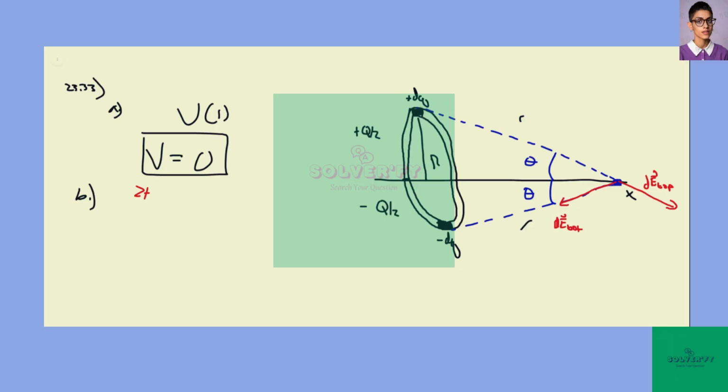We can follow example 21.9 in the book, but since the upper half and the bottom half of this ring are oppositely charged, the parallel components, meaning Ex, are going to be opposite from each other and cancel each other out.